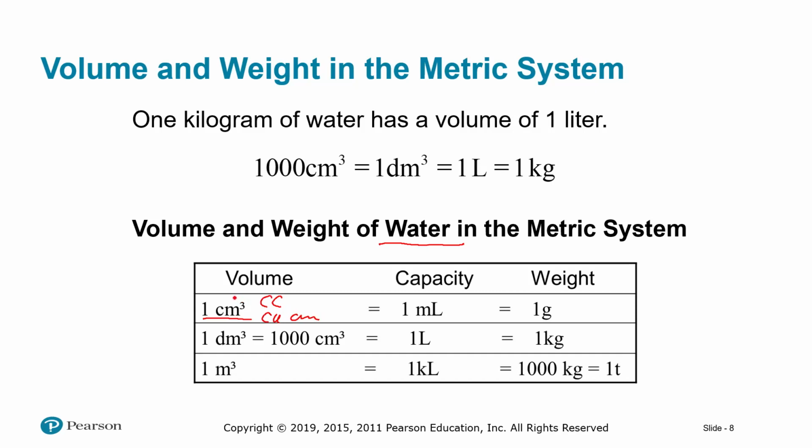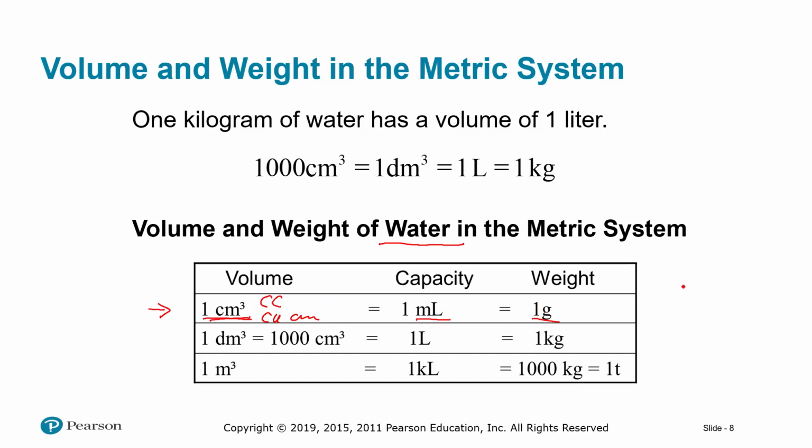Remember one big thing from here. This is the biggest one. Cubic centimeters and milliliters are the same thing, and in weight it's equal to exactly 1 gram. So it's nice and clean, easy to remember. Those 3, you'll see them quite often.